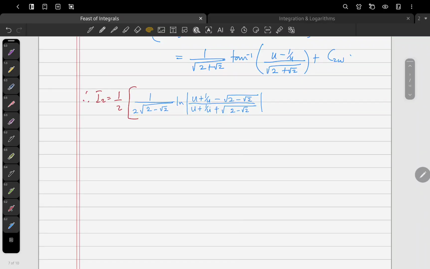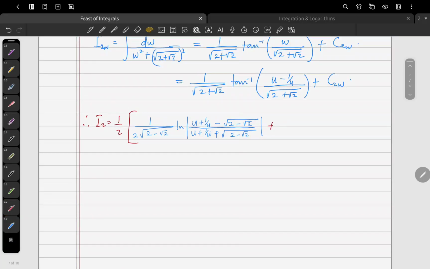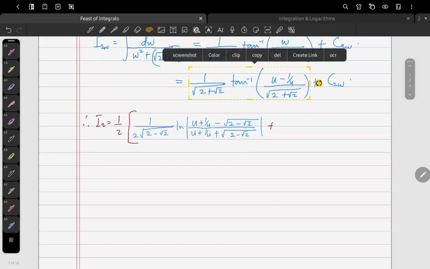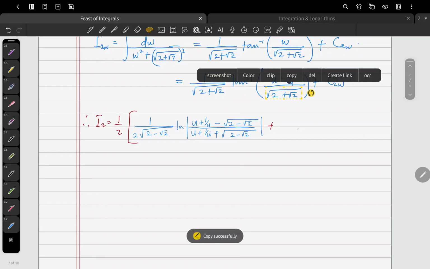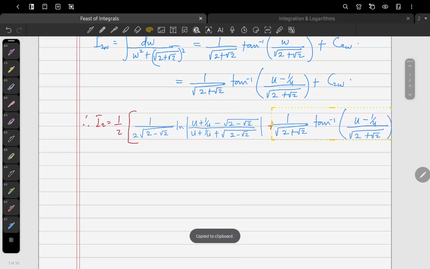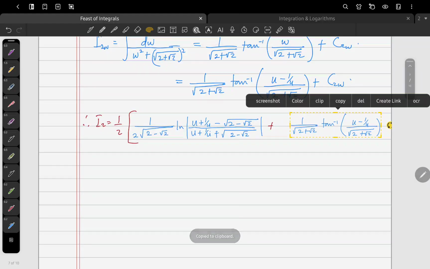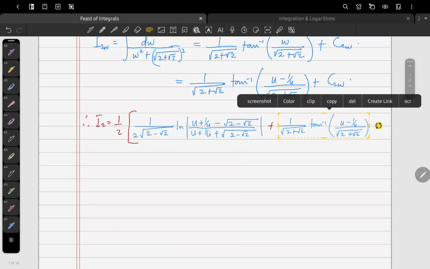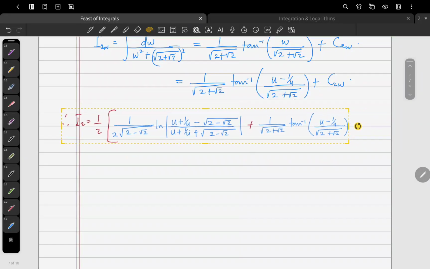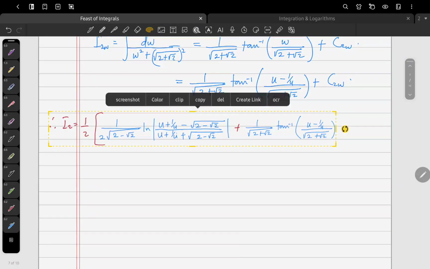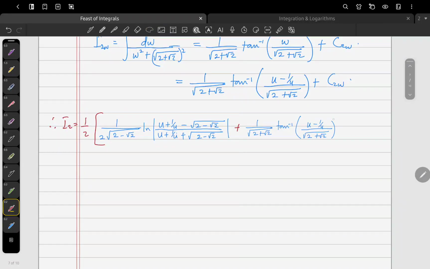Then plus I2w. Just copy this, paste. Shrink it a little bit. Shift everything to the left a little bit. Plus C2. Yeah, so that is I2.